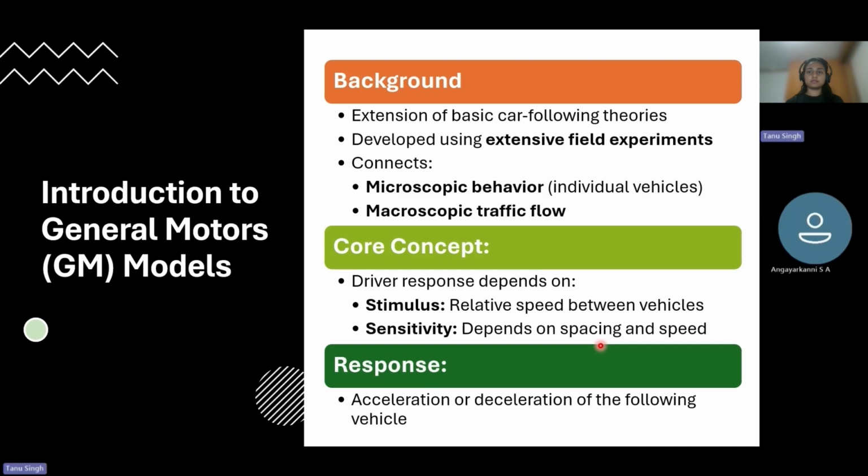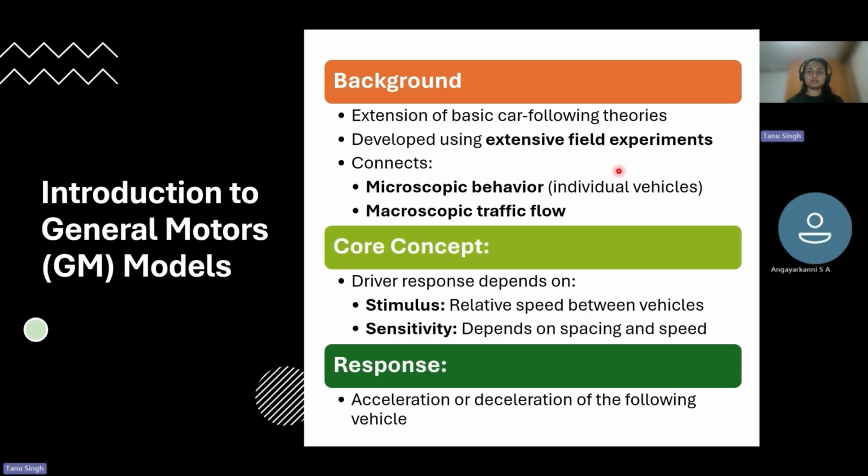And now coming to the General Motors model. This is the General Motors car following model, which has significant advancement over the earlier models. These models are particularly important because they are based upon extensive field experiments, and so they reflect the real world driver behavior more accurately as compared to the previous models.